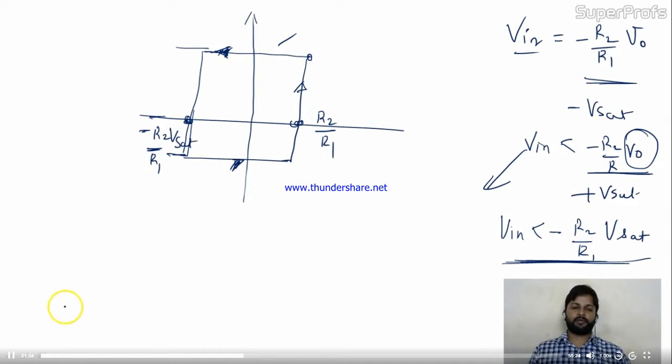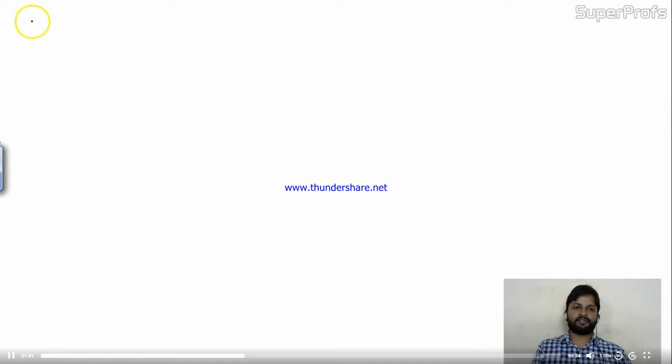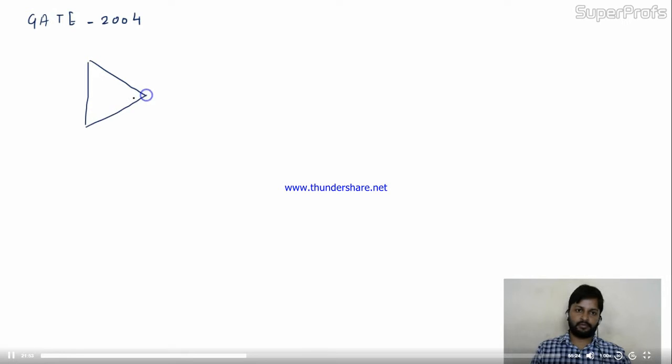Now we'll see one GATE problem based on this. This is the GATE 2004, 2 marks problem. The problem given is: here is the op-amp taking output. The power supply is plus 10, minus 10.